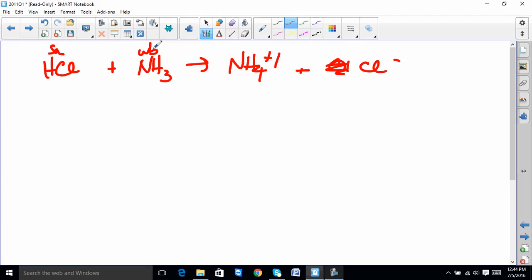And so what happens is the acid says, hey, I'm a proton donor. So when it gives away its hydrogen, it changes to Cl minus. And when NH3 receives the H, it turns into NH4. And so now we have to do an ICF chart. I'm not going to do the last part, as you'll see why in a minute.